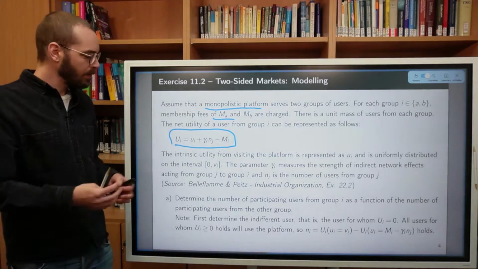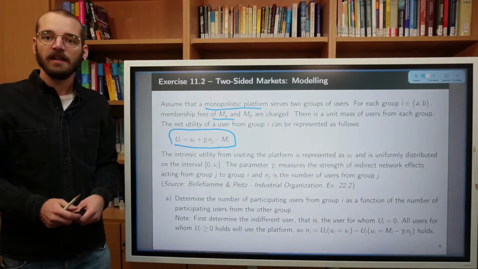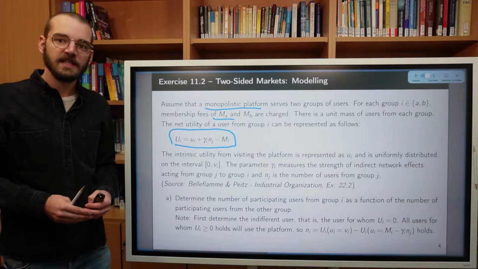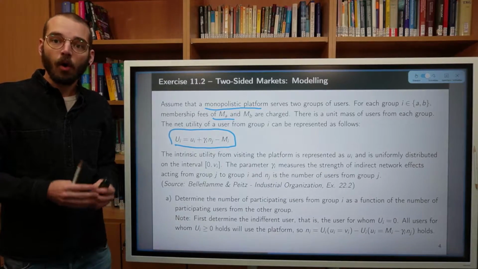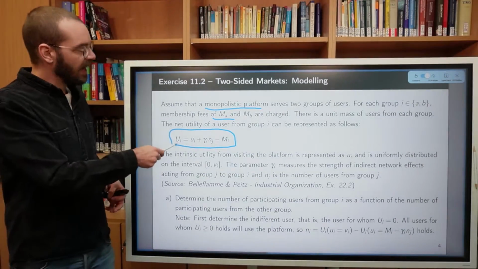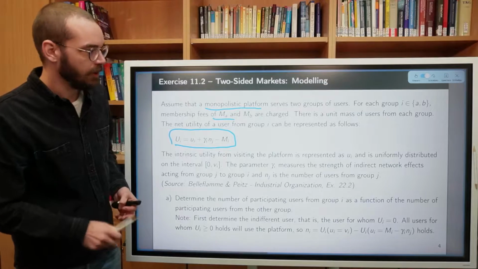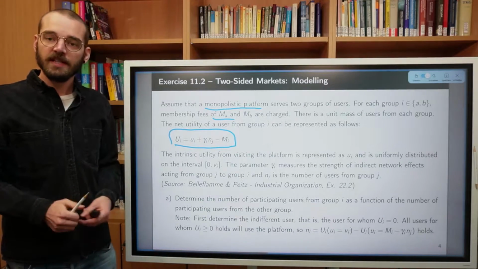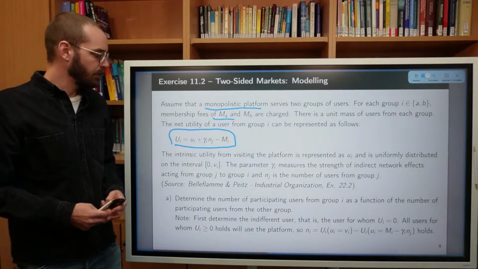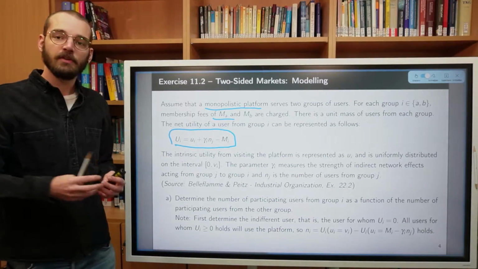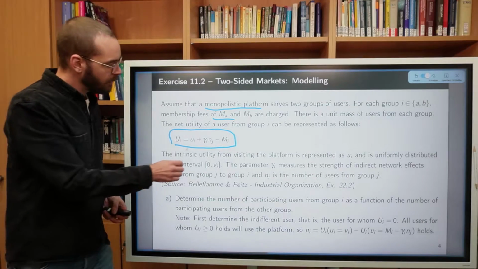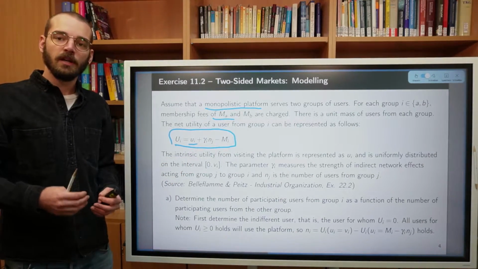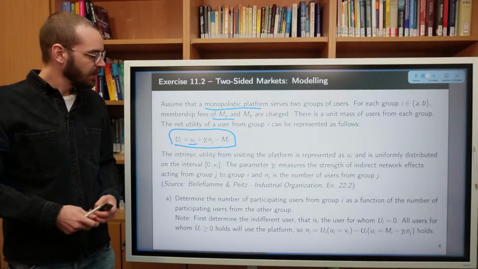So we have capital U with an index i, referring to the overall utility for a user of group i, where of course i can take value A or B. And now this overall utility of a user of group i is comprised of three elements. We first have an intrinsic utility, which we will call lowercase u with an index i.